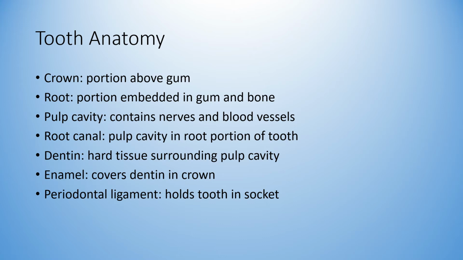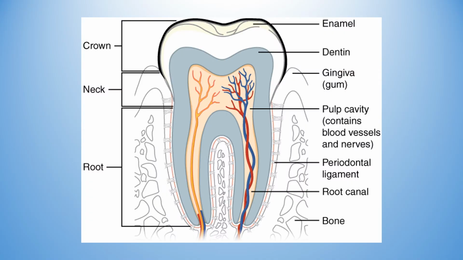The tooth is embedded in the gum and bone, and it's secured in the socket by the periodontal ligament. Sometimes, when you were kids, or with your own kids, or if you're around little kids when they lose a tooth, you can see that periodontal ligament looks like a whitish thing, thicker than a thread, and you wonder, what is that?